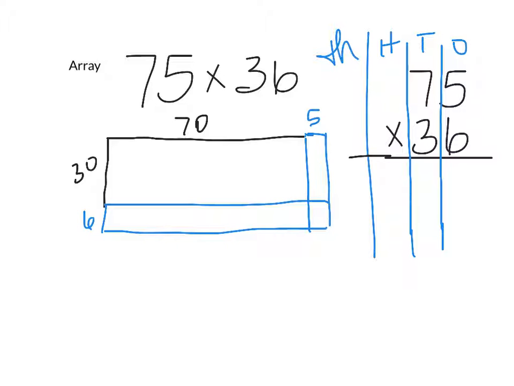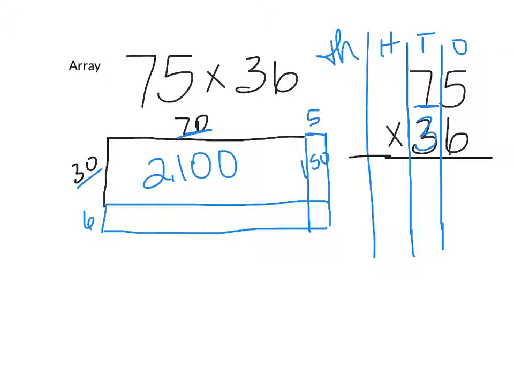So I have my 4 partial areas, my 4 partial sums, and I'm going to start with the 30, and I'm going to do 30 times 70, which is 2,100, sorry. And I'm going to do 30 times 5, which is going to be 150.